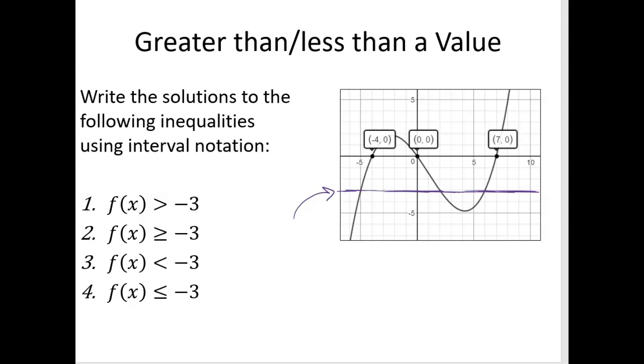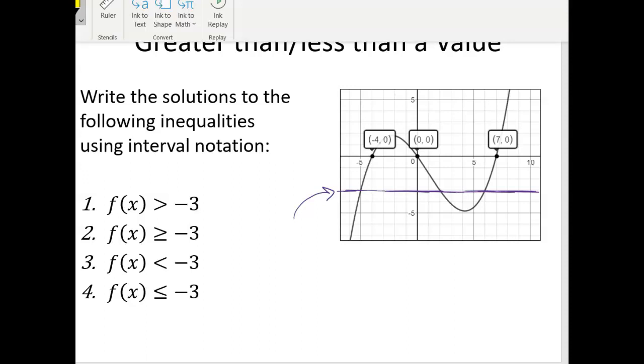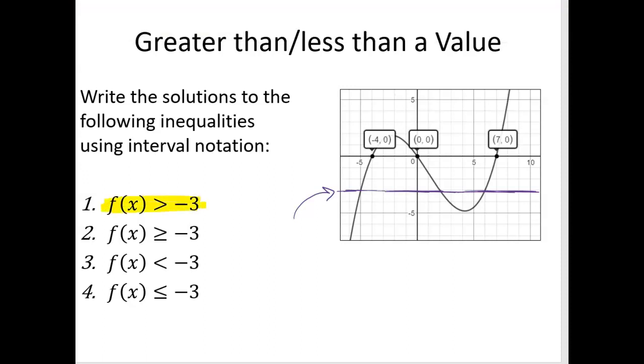Okay, so let's get the highlighters involved here. So when we are doing this f of x is greater than -3, that's going to be this loop up here. Okay, and this part here, and these are where we're above, okay, above that line.